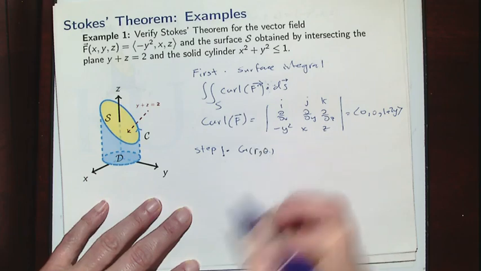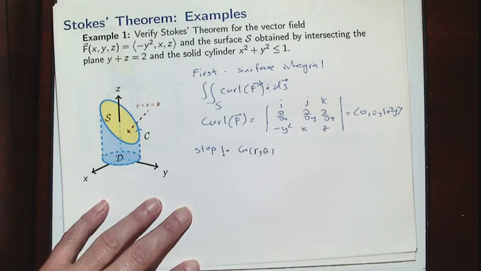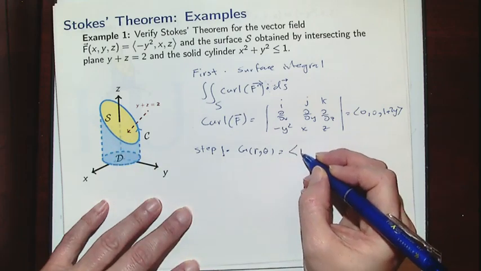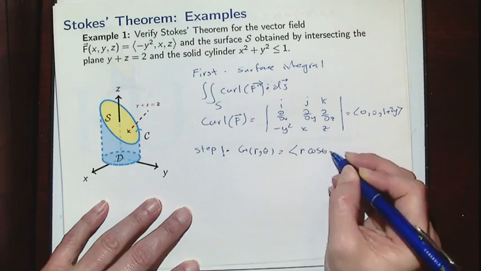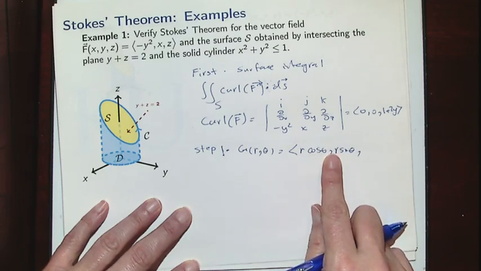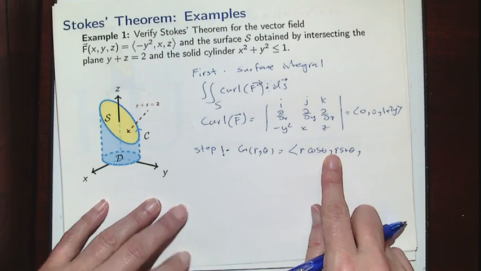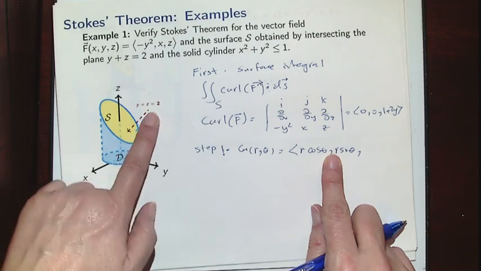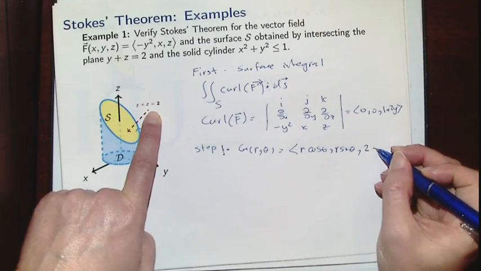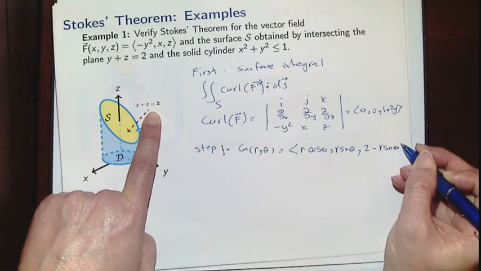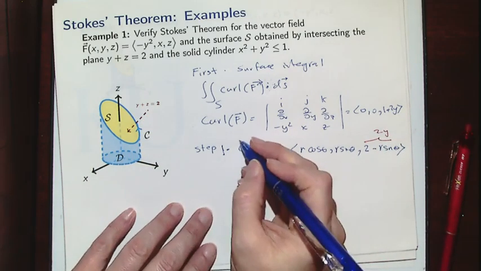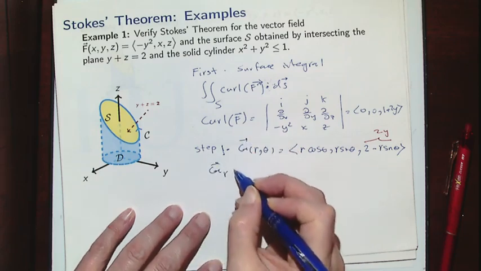So I could do r, theta, right? Is r changing? Theta changing? Wait a minute, I only did x and y. How do I find z? z is equal to 2 minus y. Okay, I found g.